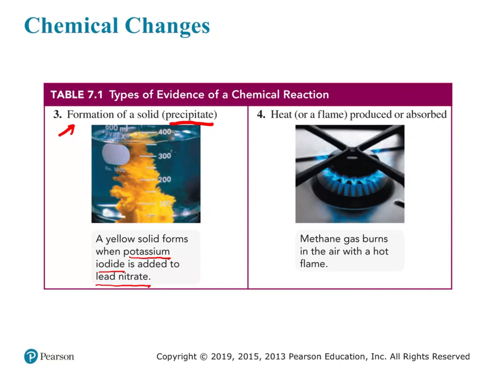All right, and then the last example, if you feel heat coming off of a reaction or off of a beaker, for instance, then you know that a reaction has occurred. Or if you feel that the beaker is cold, that's another indication that a reaction is occurring.